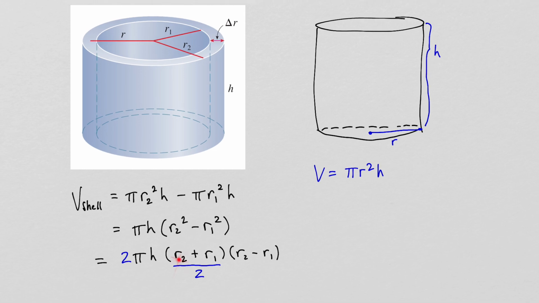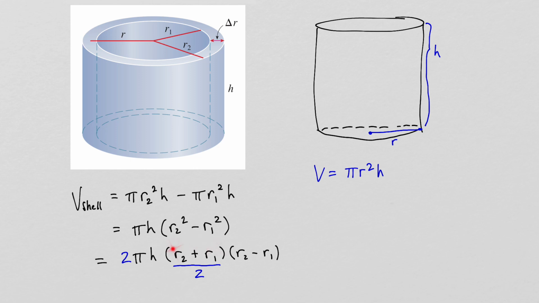So when you write R2 plus R1 divided by 2, you are taking the average between R1 and R2. Now, the average of R1 and R2 is the distance from the center of the cylinder to the center of the cylindrical wall, right? So let's remember that R1 was the distance from here to here. R2 is the distance all the way to the edge. So the average value is going to put you right in the middle there.